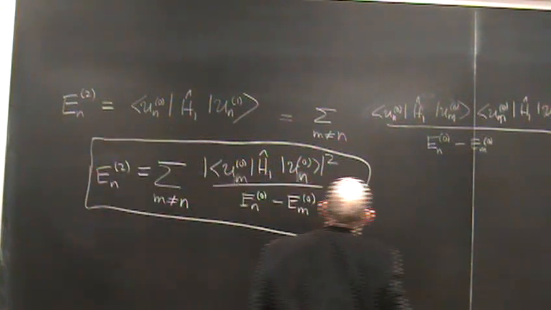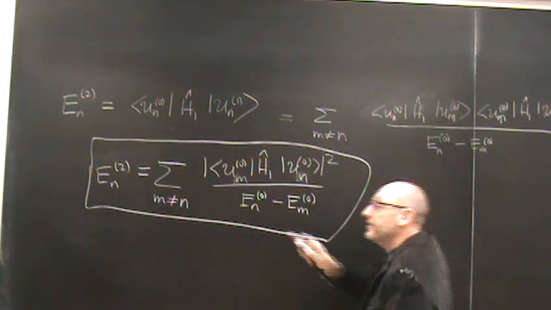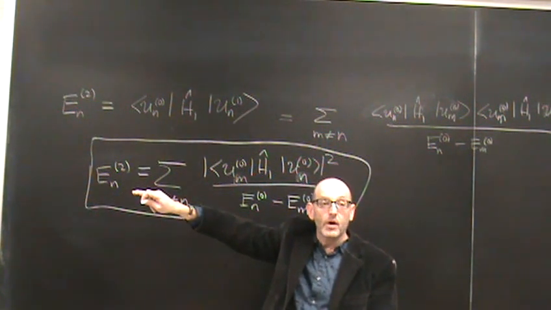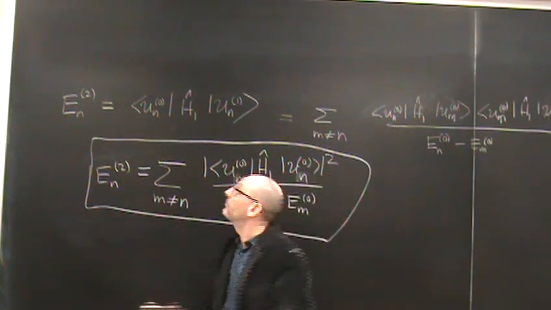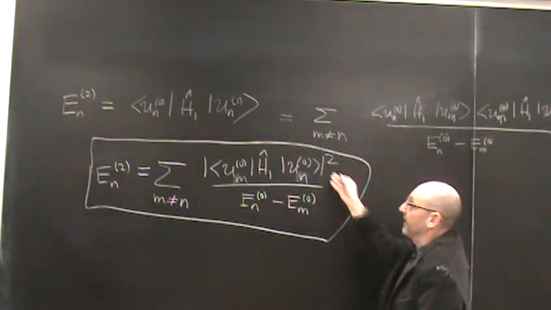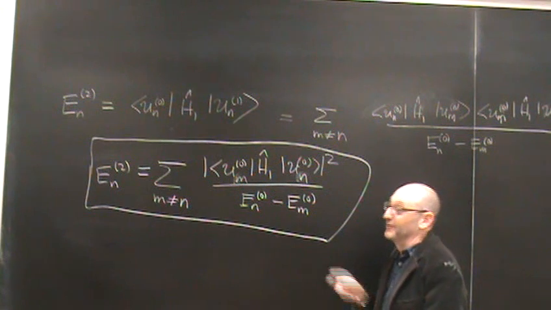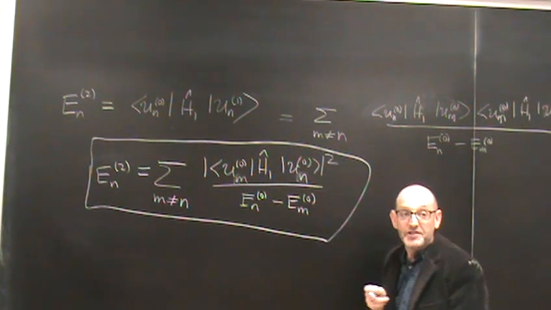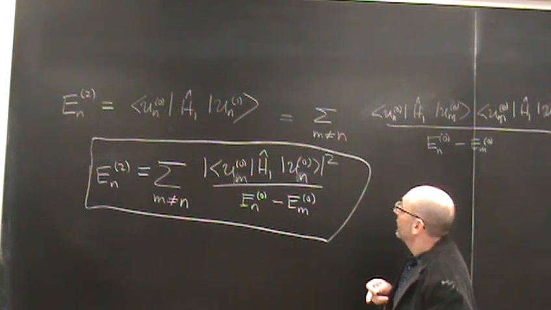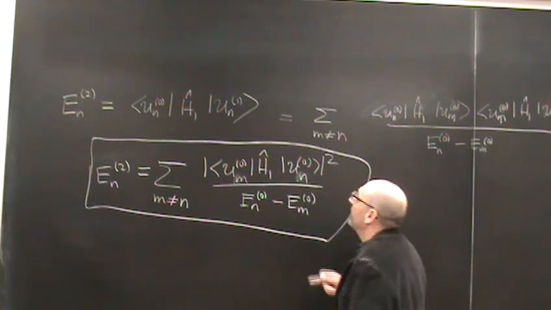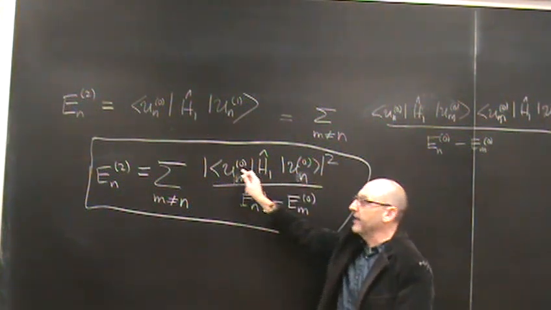Shouldn't the bottom be squared as well? No. I just take that U1 on that board and plug it in. That's what I did. Of course, this has the right units, because the numerator is energy squared, and the denominator is 1 power of energy.